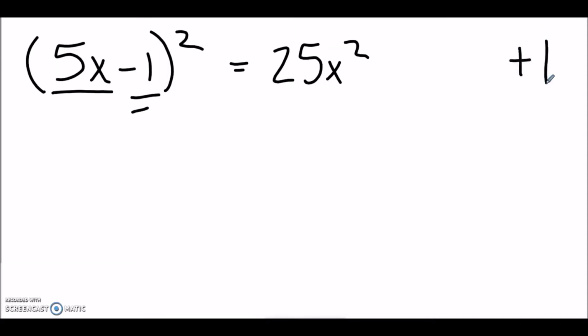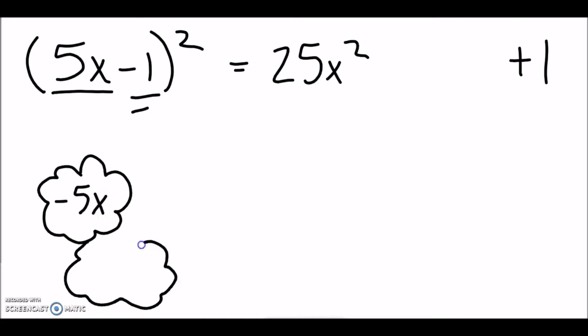Then I do 5x times negative 1, and again, in my head, I'm saying that's negative 5x, and then I'm going to, in my head, take that times 2, and that gives me negative 10x. That's it for special cases. Like I said, super easy. That wasn't even 9 minutes. You're going to knock this worksheet out in less than that, then you're done.